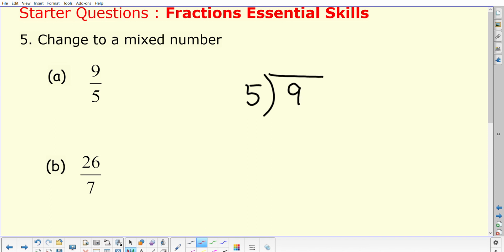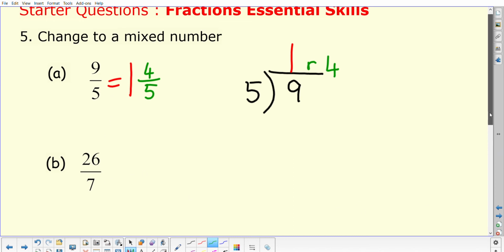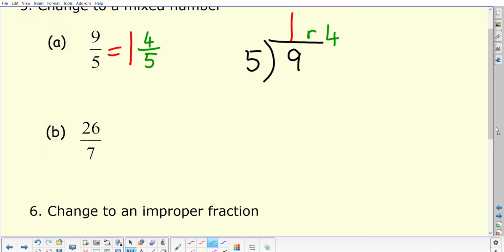So you do 5 into 9, that goes in one complete time, so that means you can make one whole and you are left with 4. That's your remainder. So you can write this as 1 whole, and you're going to have 4 of these fifths left over. The bottom number will still be the same. So 9 fifths is the same as 1 4/5.